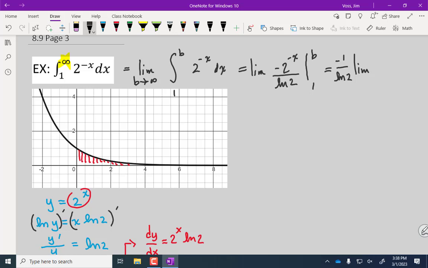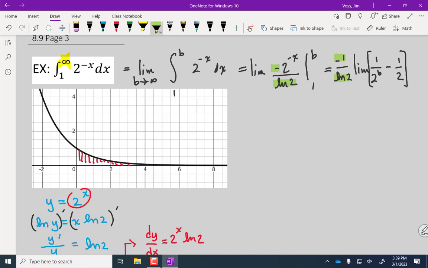So 2 to the negative b is 1 over 2 to the b, minus, plugging in a 1 up there, is going to be 2 to the negative 1, which is 1/2. And brackets or parentheses, whatever fits. So this constant right here, we pulled to the front. So this is all out in front. So the only thing left is 2 to the negative x. So 2 to the negative b minus 2 to the negative 1.